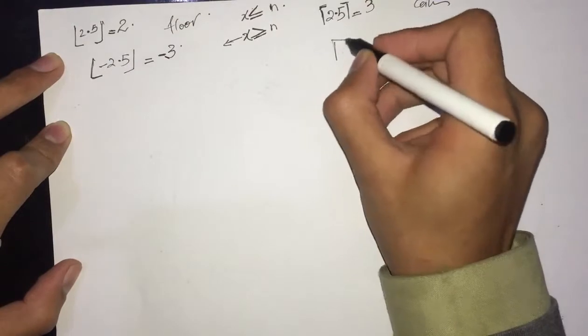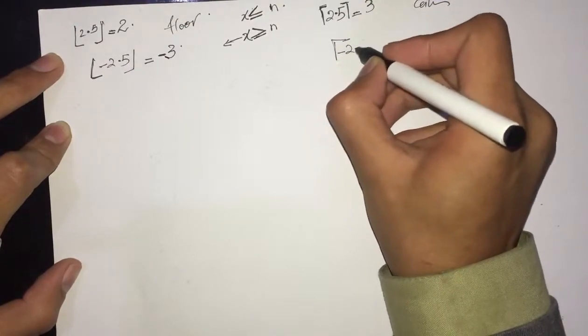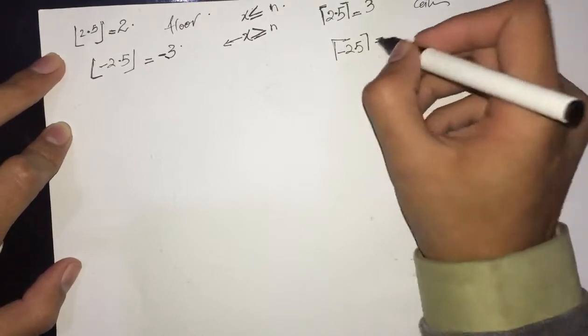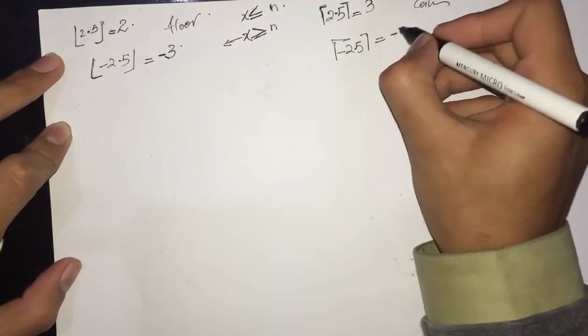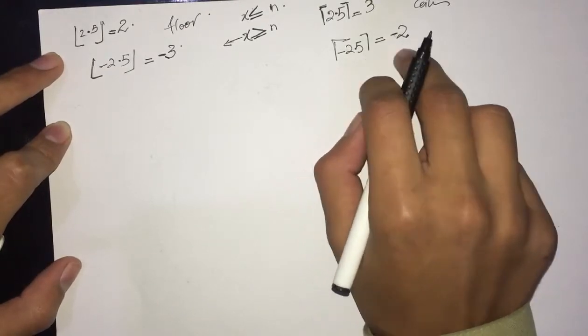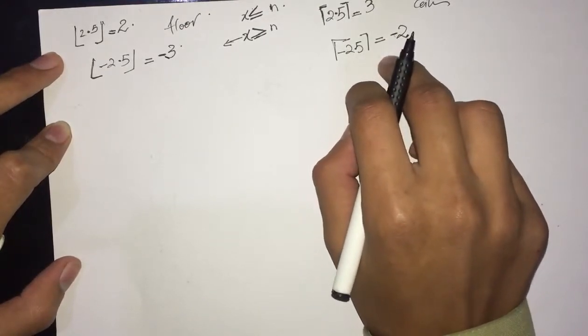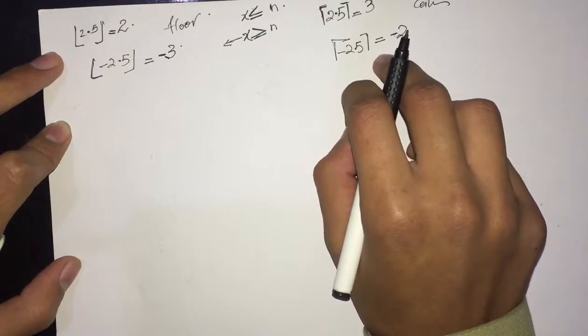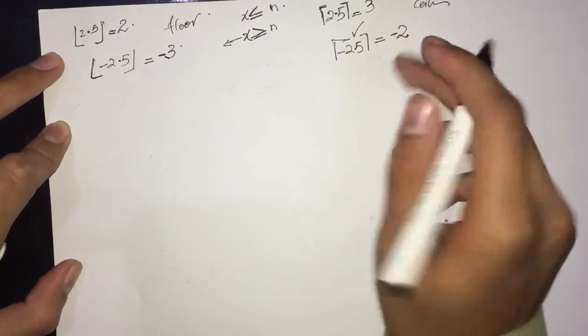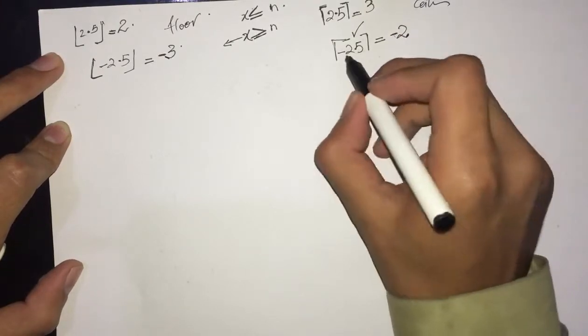In this case, if you input a negative number which is minus 2.5, what is this going to output? It is going to output minus 2, because minus 2 is the closest integer which is greater than this, but it is the least such integer.